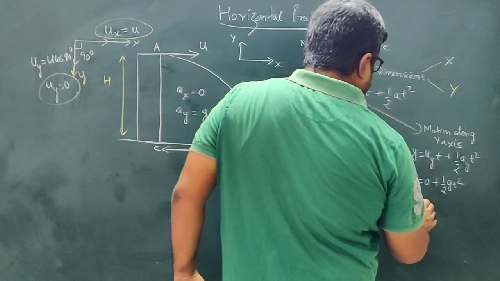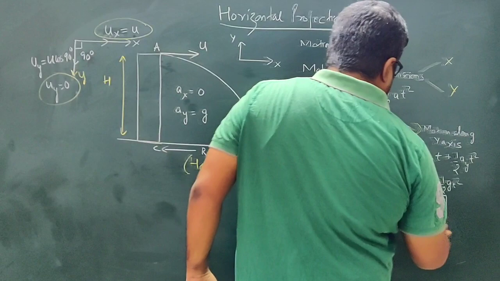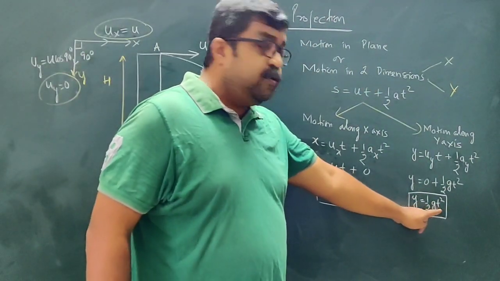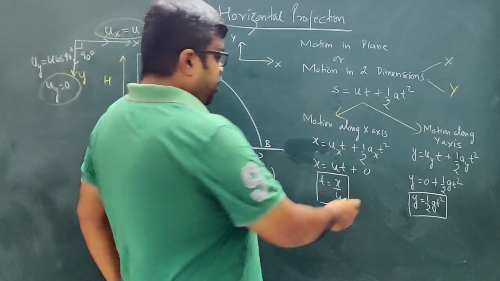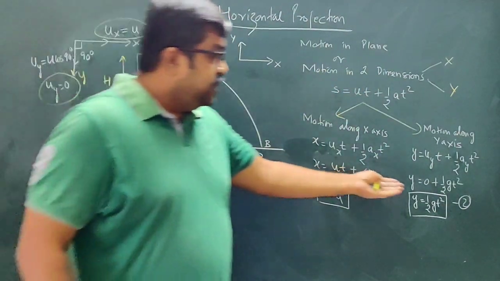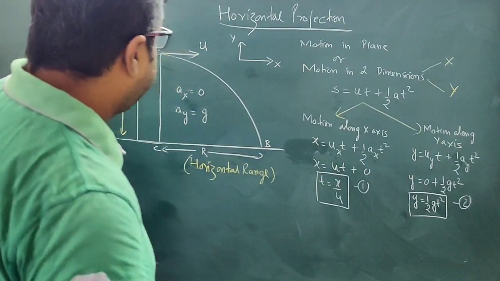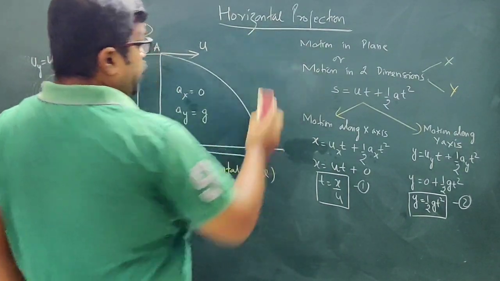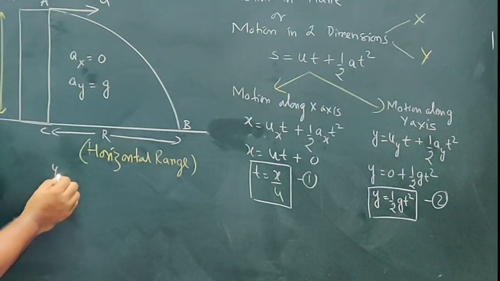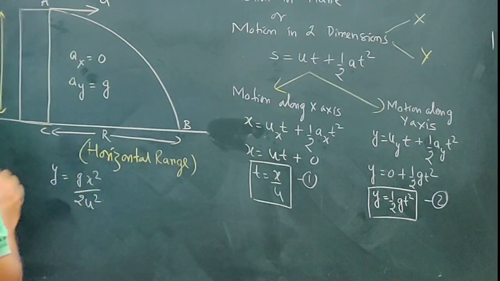So y is equal to half g t square. Now if this t, from equation 1, is substituted in equation 2, what do we get? We get y is equal to g x square divided by 2u square.